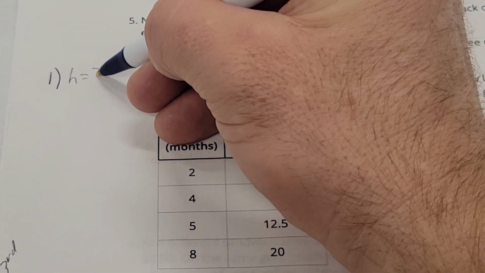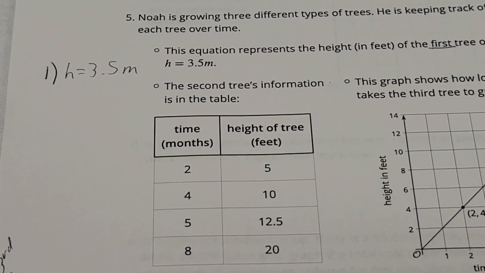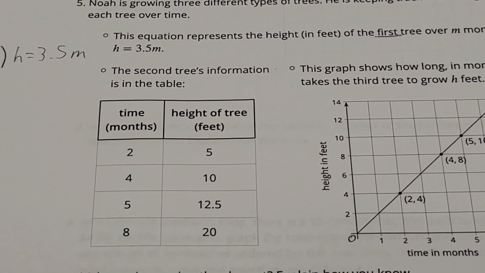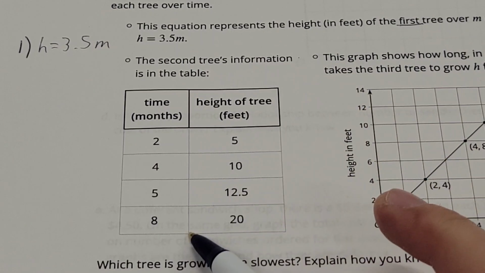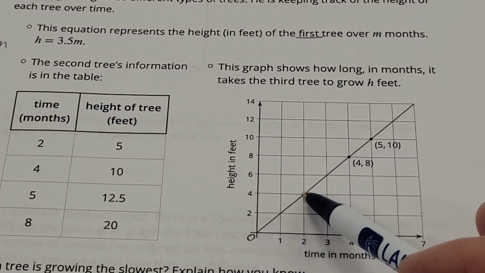Tree 1 is an equation. H equals 3.5 m. I'm assuming m meaning months and h meaning height, right? We should assume that. Okay, the second tree is in this table, and the third tree is in this graph.